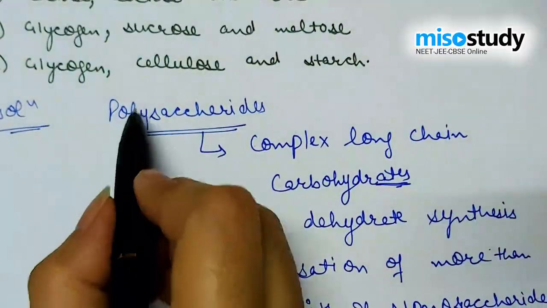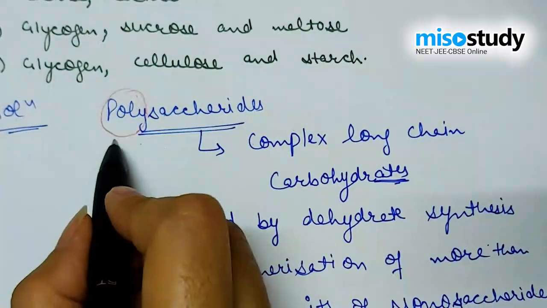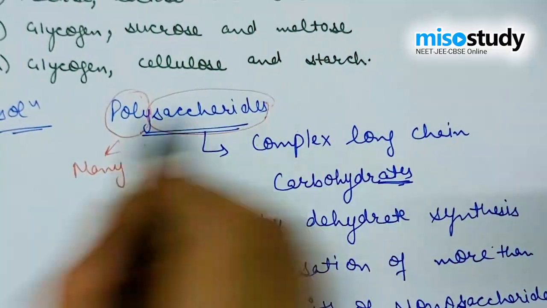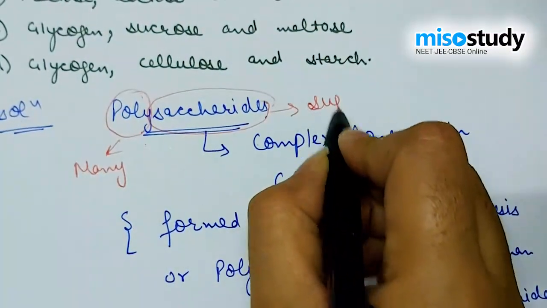Poly means many, and saccharide is the word we use for sugar.